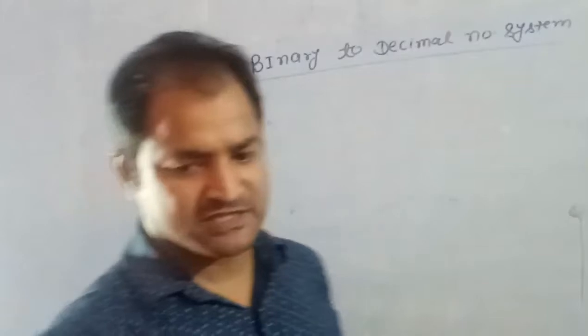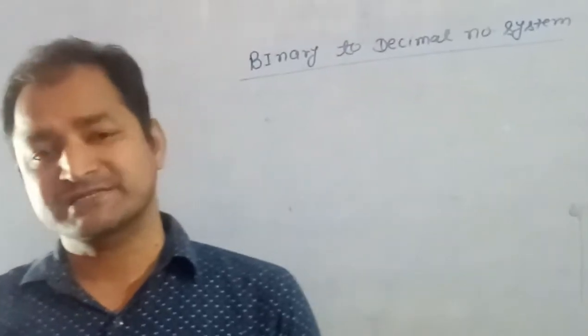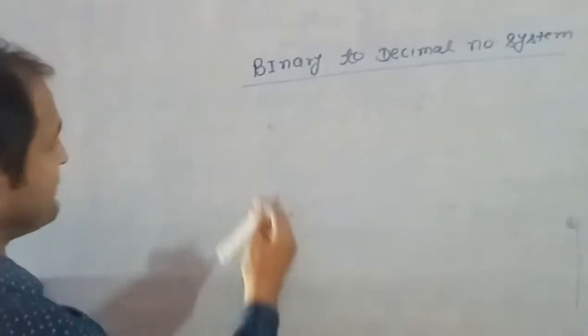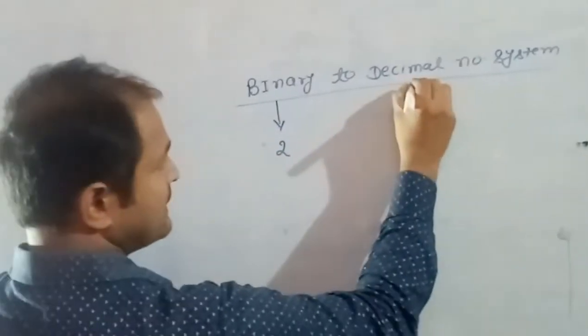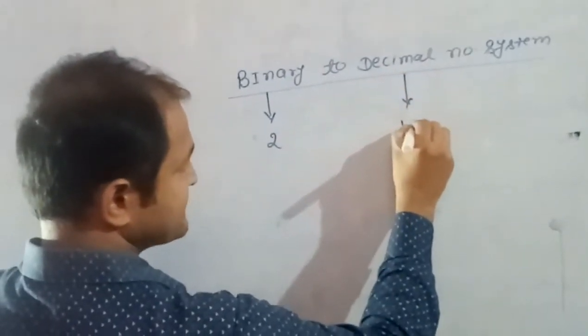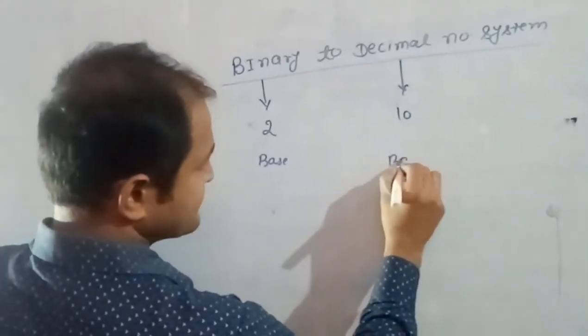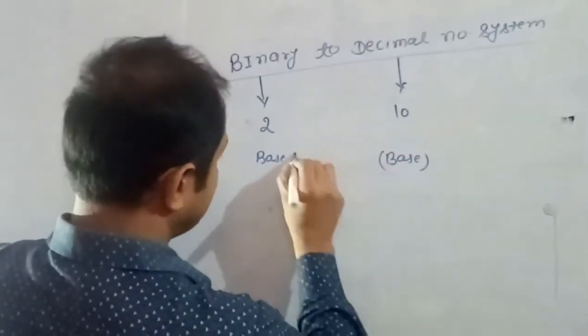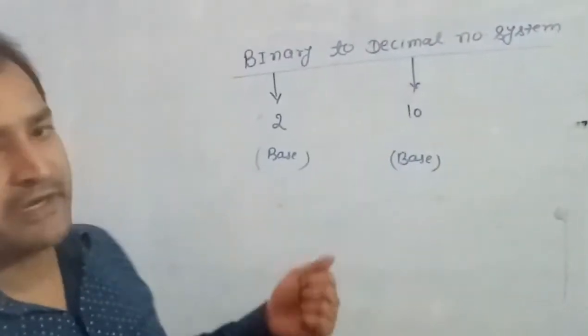Any doubt, please ask the question. My dear student, binary to decimal. First of all, binary is base 2 and decimal is base 10. This is the base. Then after that I discuss binary to decimal.